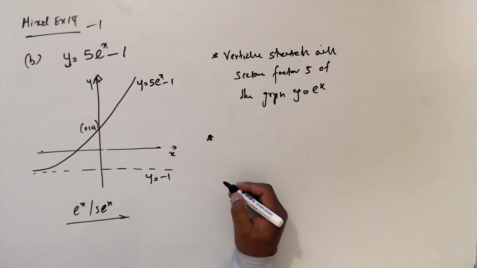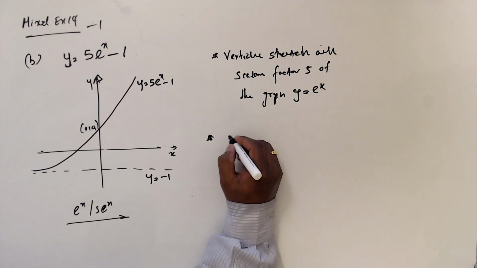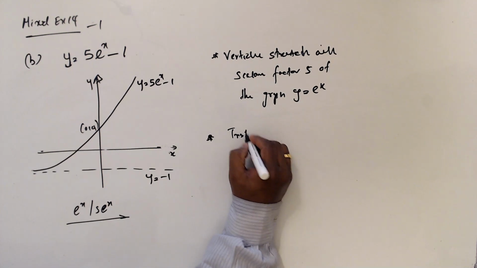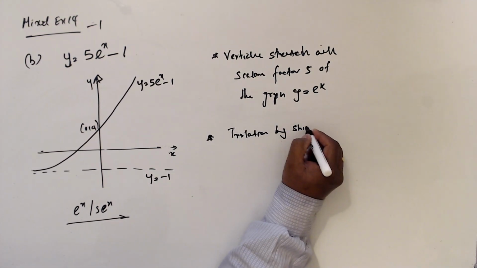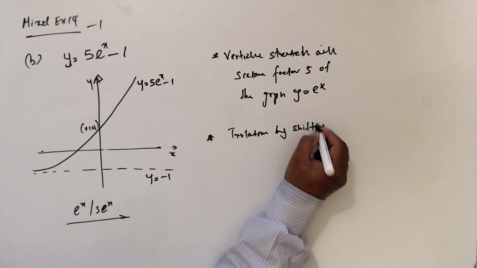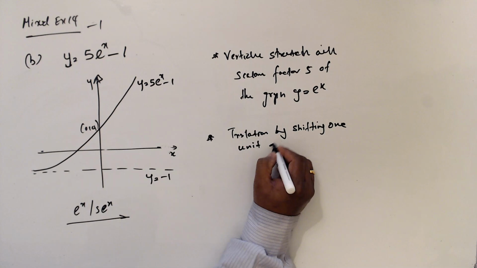Then we shift it down by 1 unit. So it is a translation, shifting 1 unit down.